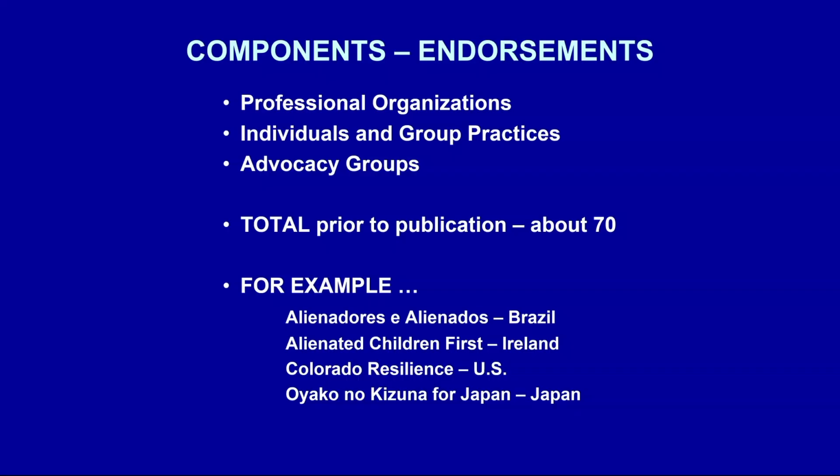We're trying to create a document that is broadly agreed upon with basic information, so that I'm tired of people saying there's no generally accepted definition of parental alienation. I want to get past that and to be able to say we have a definition that's endorsed by hundreds of scholars and hundreds of organizations. That's our goal.